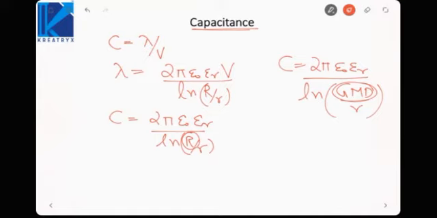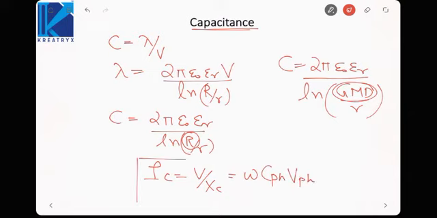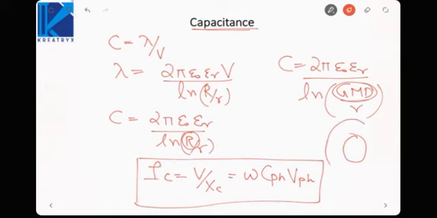If we want to determine the line charging current, it should be V by Xc, or we can say omega C V phase, the same formula that we studied for the overhead line. But here I have one core and one insulator, something like this. The core radius is small r and the insulator radius is capital R. But in a three-phase cable, inside a single cable we will have multiple conductors. Then what happens to the capacitance?